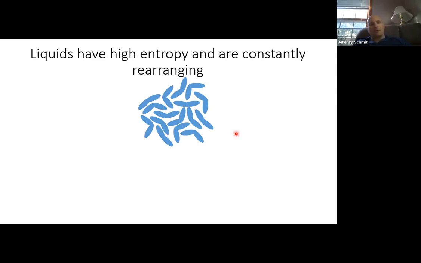Now the point here is that liquids, because they're liquid, are inherently constantly dynamically changing, okay? They are rearranging, and in order to do that, they have to have relatively weak bonds that hold things together, but they have to break and reform rapidly. And the consequence of that is that liquids have a very high entropy, okay? There's not a lot of structural order in the way these molecules are arranged.